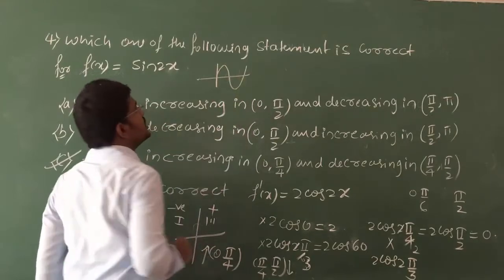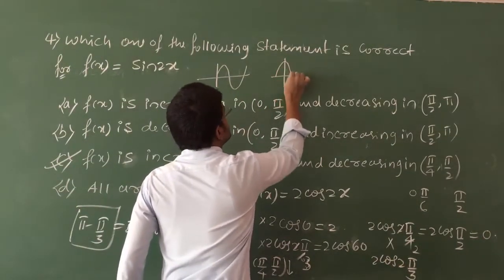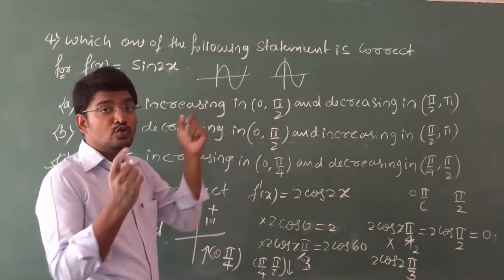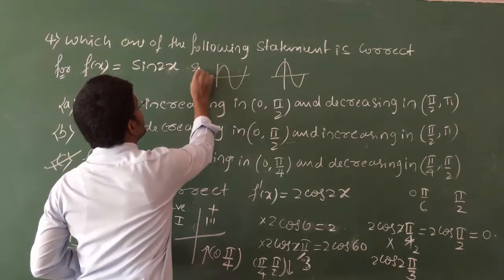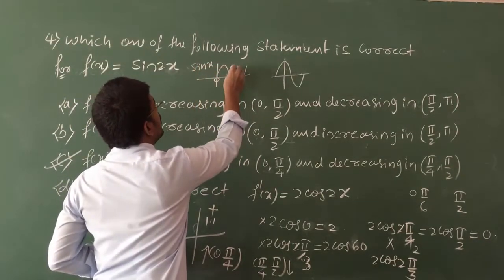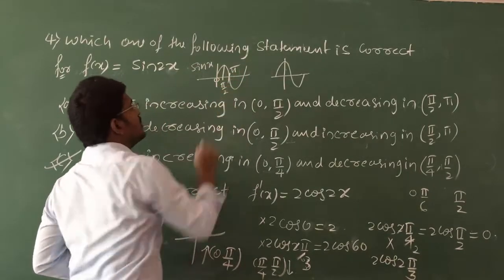If this is sine and this is cos, if I multiply this with 2 times, for this is sin x, clear? 0 to pi. This is pi by 2. Clear?